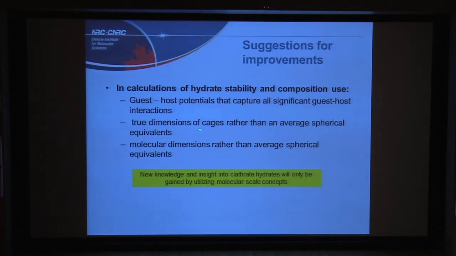The true dimensions of cages should be used rather than an average spherical equivalent, and molecular dimensions of the guest rather than average spherical equivalents for the molecules as well. And I think only this way we can develop new knowledge and insight into clathrate hydrates. And we have to at least acknowledge that we should be utilizing molecular scale concepts, or at least making sure that our models are consistent with molecular scales.